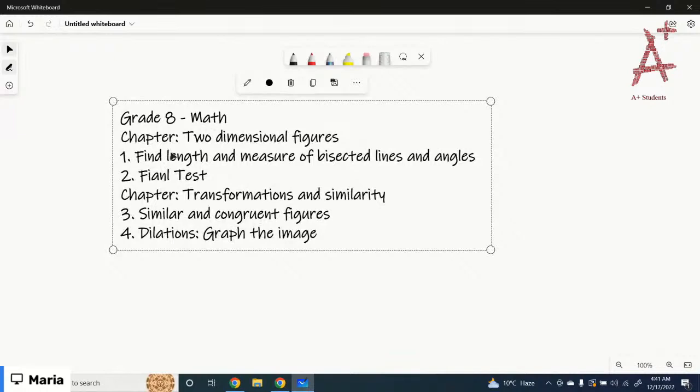Then we did the final test from the same chapter. Then we started the new chapter, transformations in similarity, and the lessons we covered are similar and congruent figures. Then we did dilations, graph the image. So if you have any question, please ask. I'm here to answer all your questions.